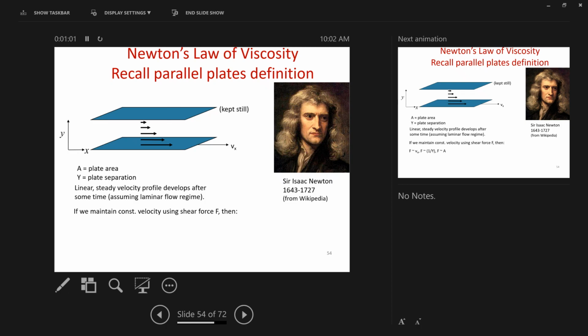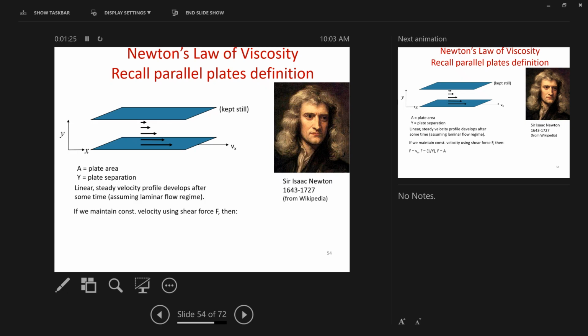When we divide force by the area of the plate, this is what we refer to as stress, and in this case, it's a shear stress. And basically, to maintain the situation, I have to constantly provide that force, right? So now, that is the sort of the force view. So now I have all these layers moving at different velocities.